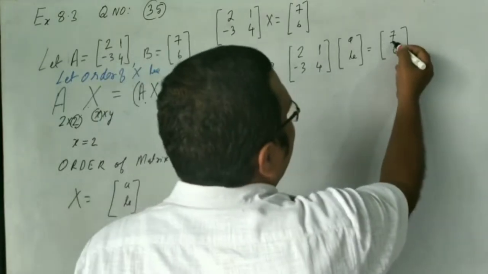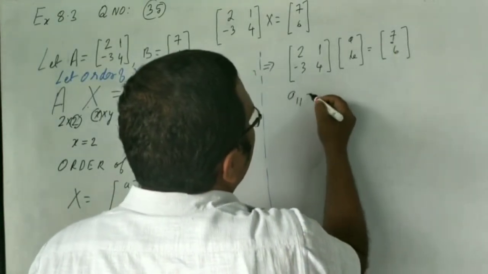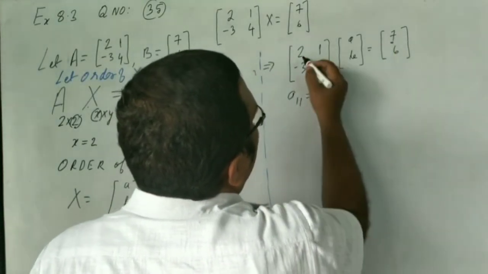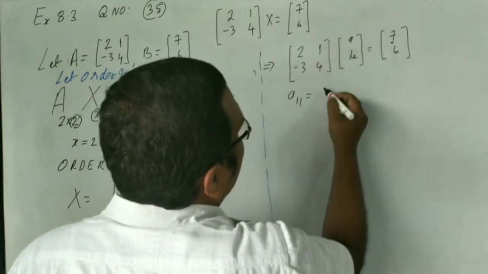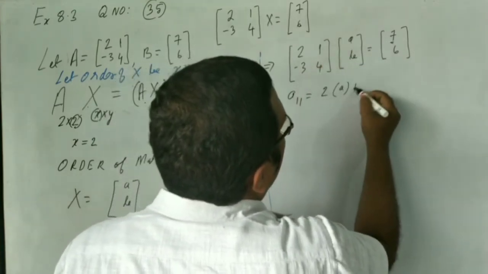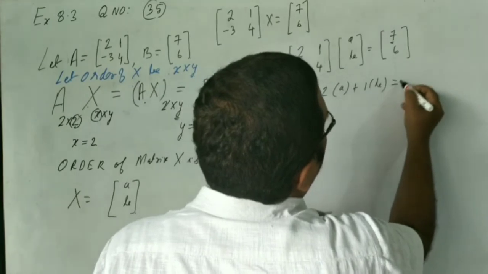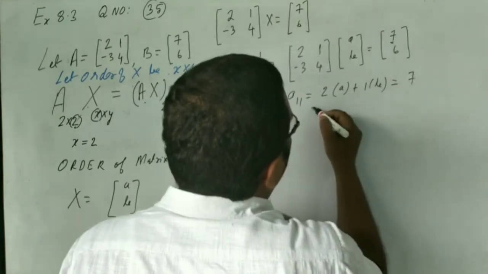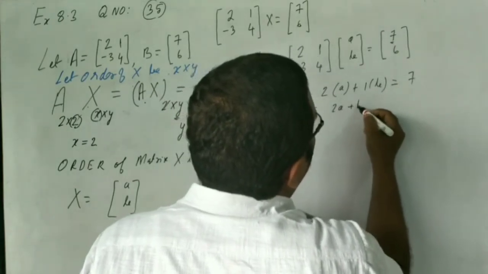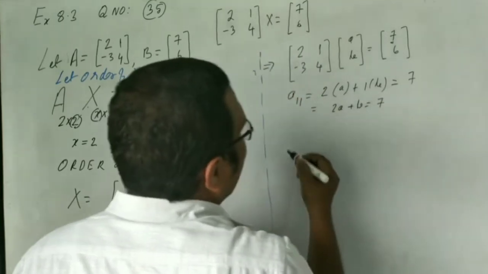So what is A11, first row, first column? 2 into a plus 1 into b, and this is equal to 7. That is 2a plus b is equal to 7.